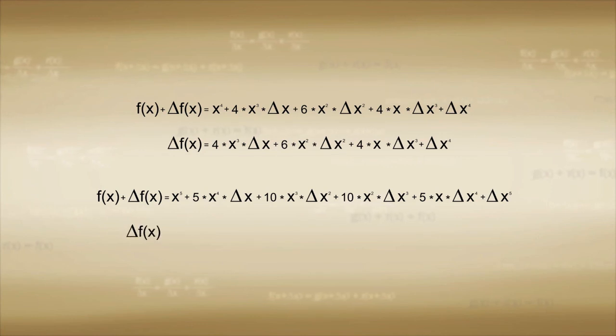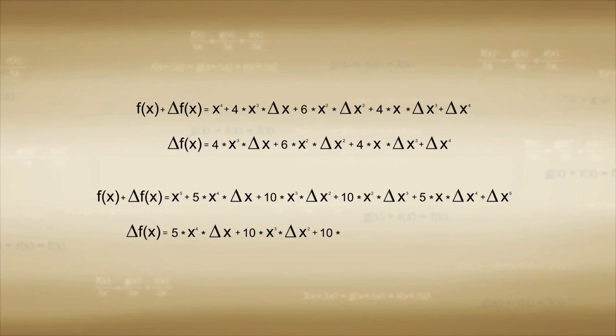Delta f of x is then equal to 5 times x raised to the power of 4 times delta x plus 10 times x cubed times delta x squared plus 10 times x squared times delta x cubed plus 5 times x times delta x raised to the power of 4 plus delta x raised to the power of 5.